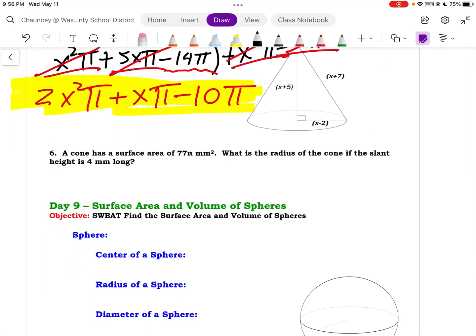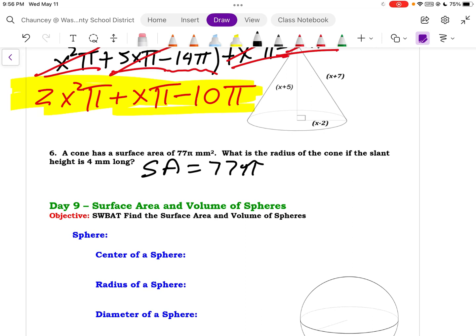Okay, last problem. We're almost there. So we have a cone that has a surface area of 77 pi. And then what is the radius of the cone if the slant height is 4 millimeters squared?